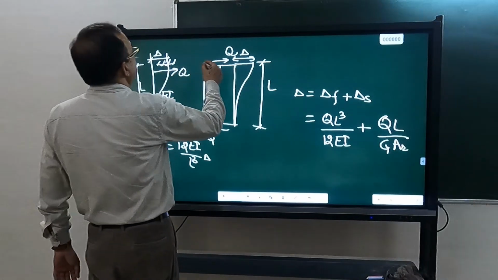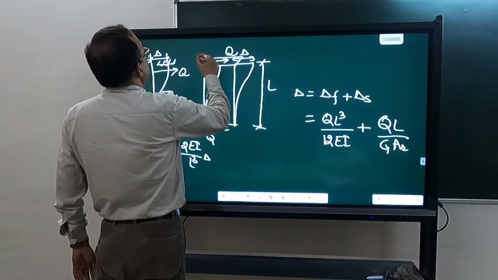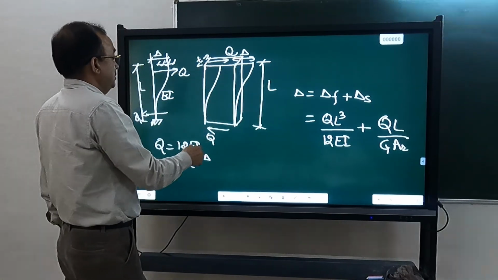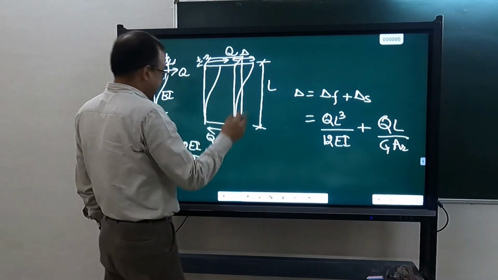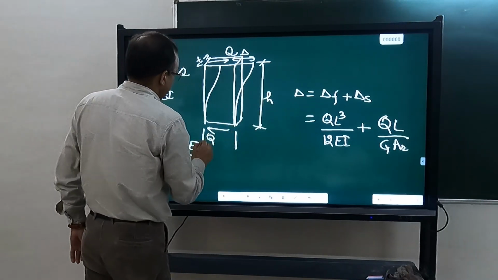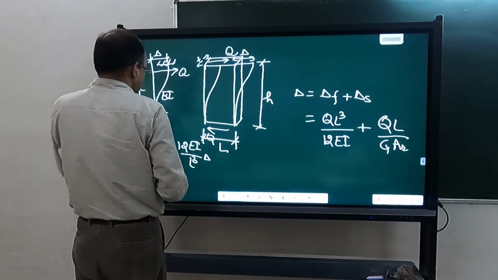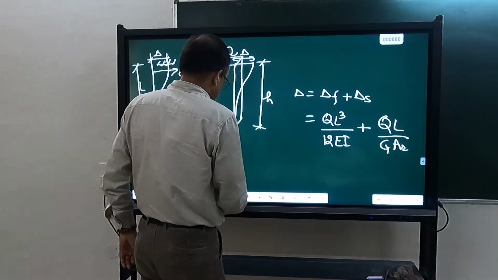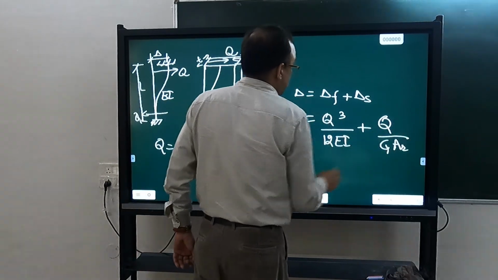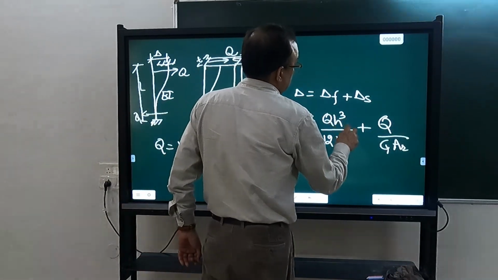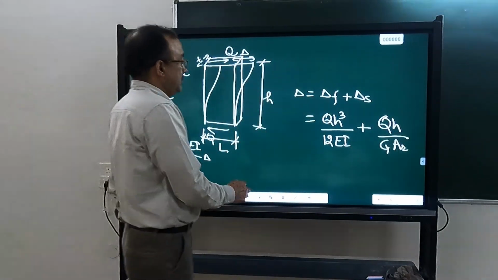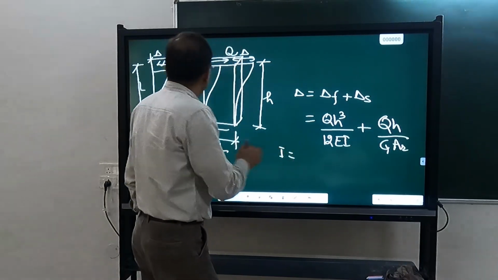Suppose thickness is T. This height is L. Okay. Rather, I will use this as H, and this I will use L. Okay. So I is how much in this case?